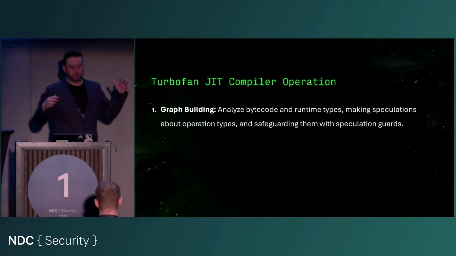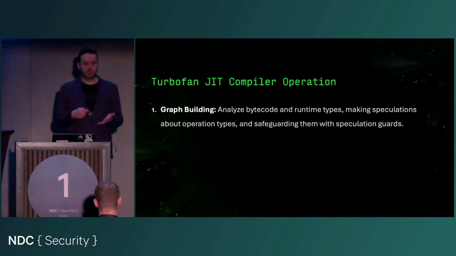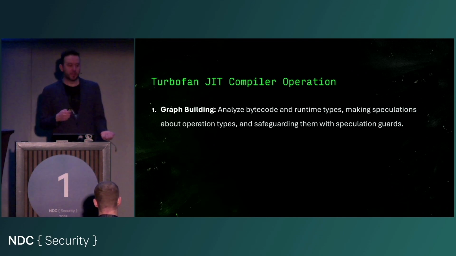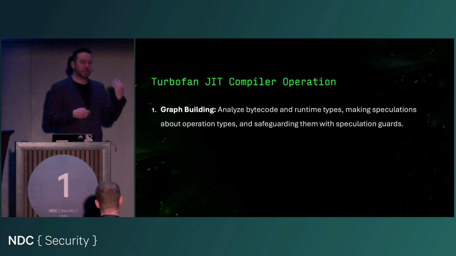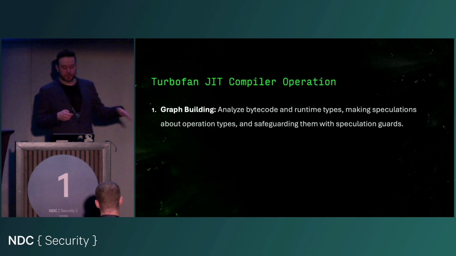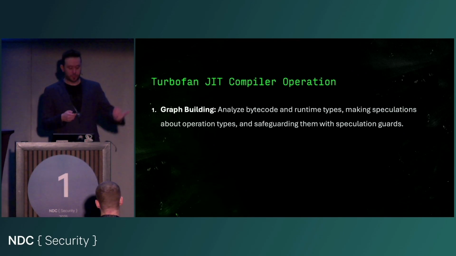TurboFan puts speculation guards in place so that if the types change, we roll back to the non-optimized compiler. So basically we go back to executing bytecode in the interpreter. Why is that important? We'll see that later, because if we start executing optimized code without speculation guards, we might risk bugs.